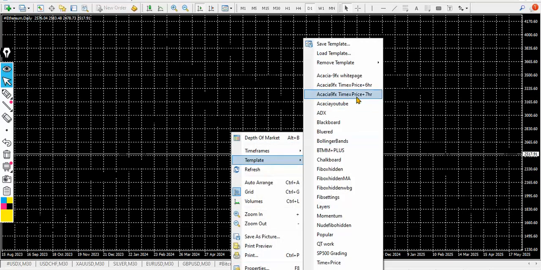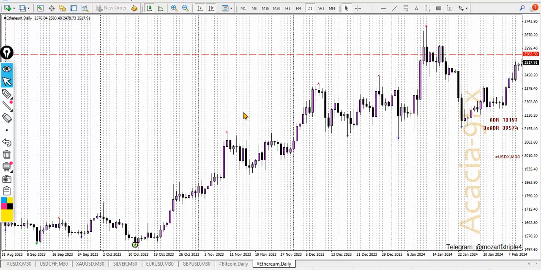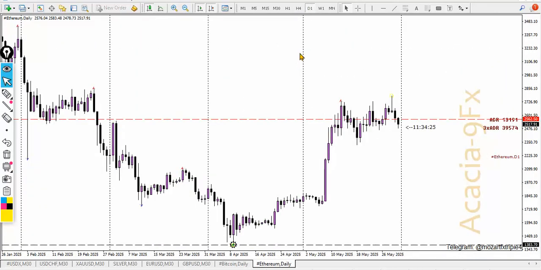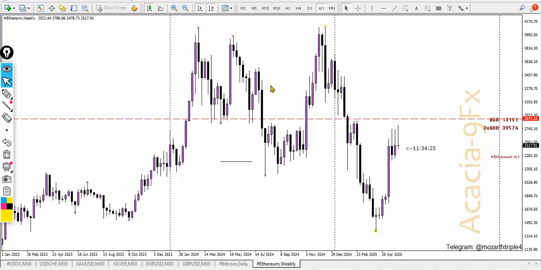So let's quickly go to our charts. Sorry about that. Let's look for a breaker. I just want to pinpoint a breaker to you so that you see quickly. Just like I said, this low here did not break this high.